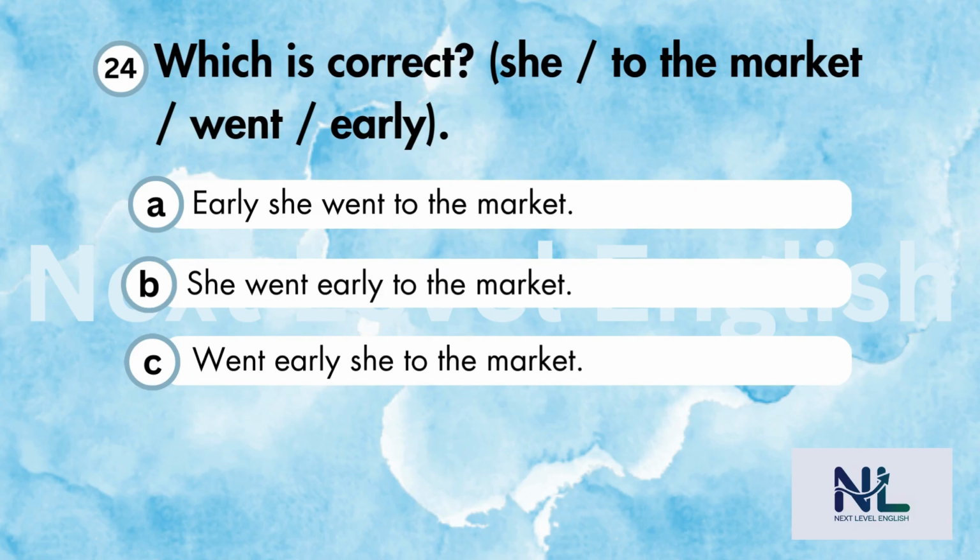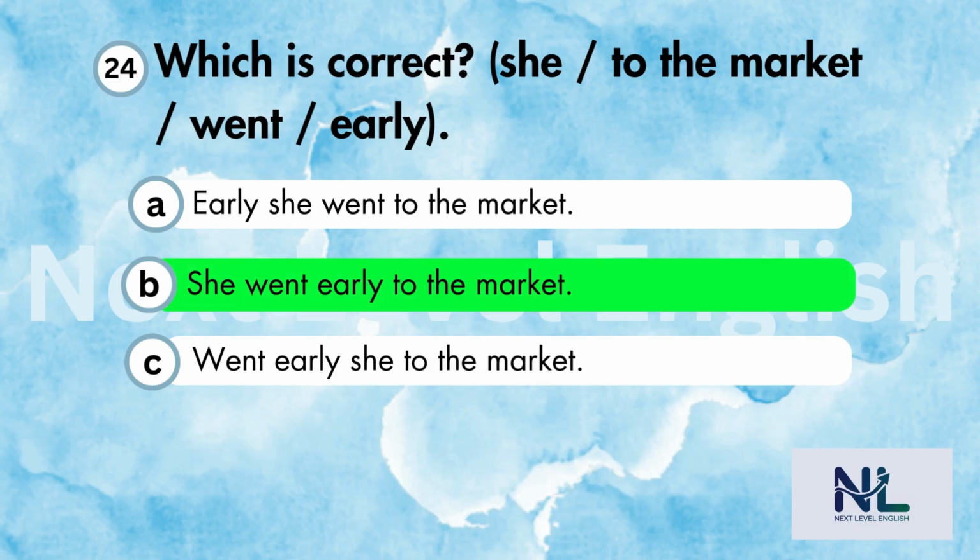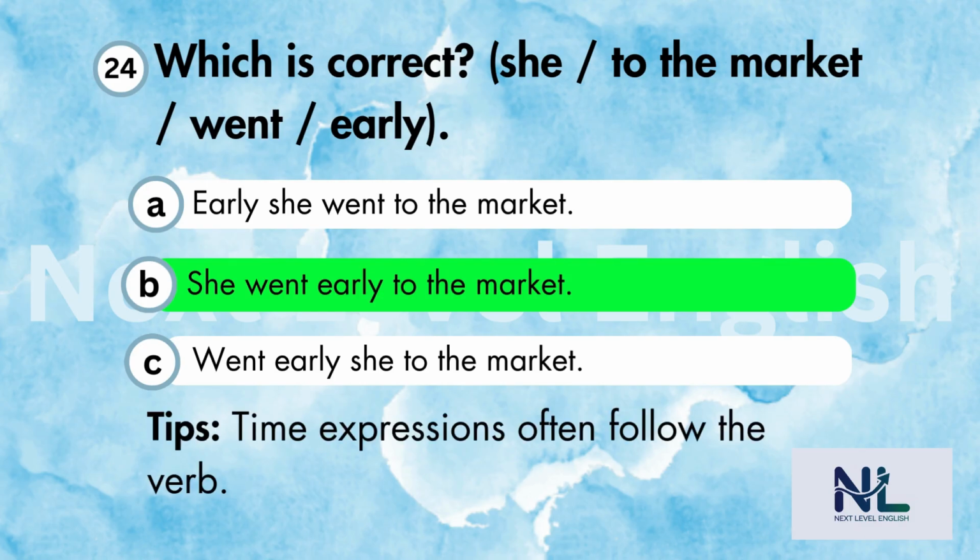Which is correct? She, to the market, went early. She went early to the market. Tips: time expressions often follow the verb.